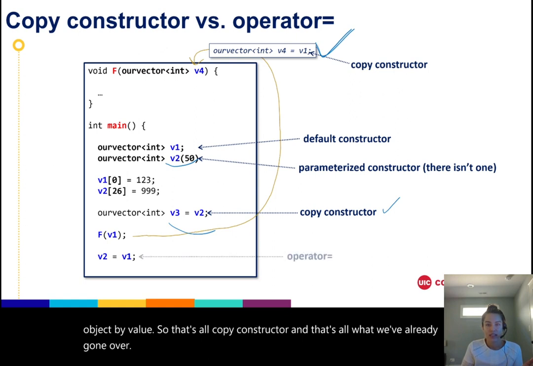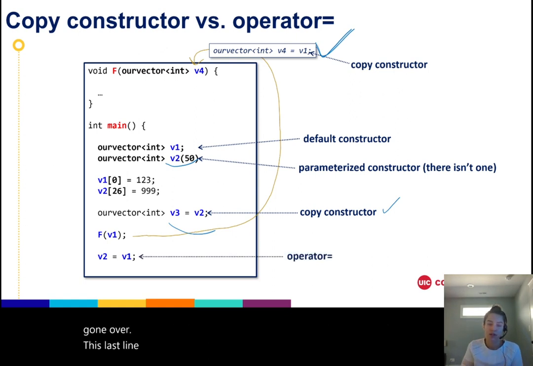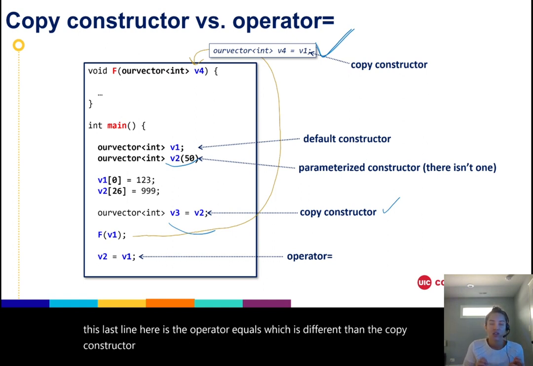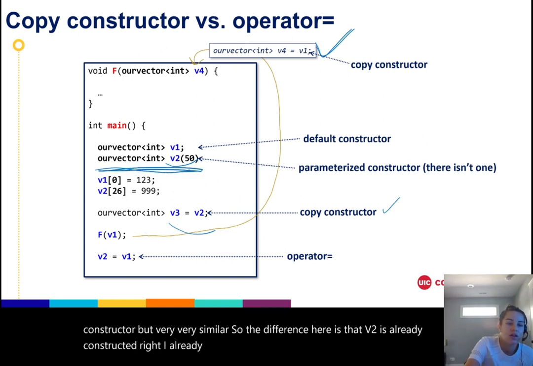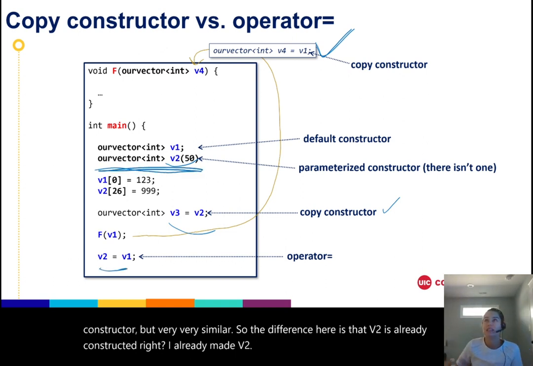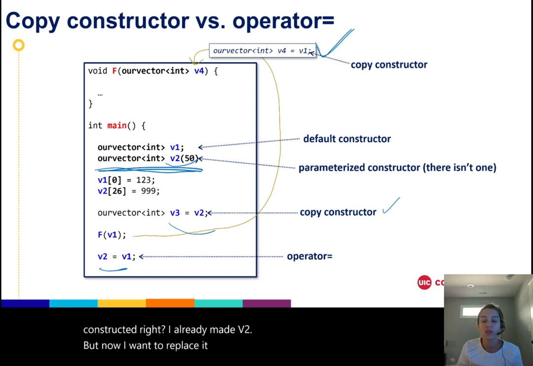This last line here is the operator equals, which is different than the copy constructor, but very, very similar. The difference here is that V2 is already constructed, right? I already made V2. But now I want to replace it with V1, just like when you make an int.